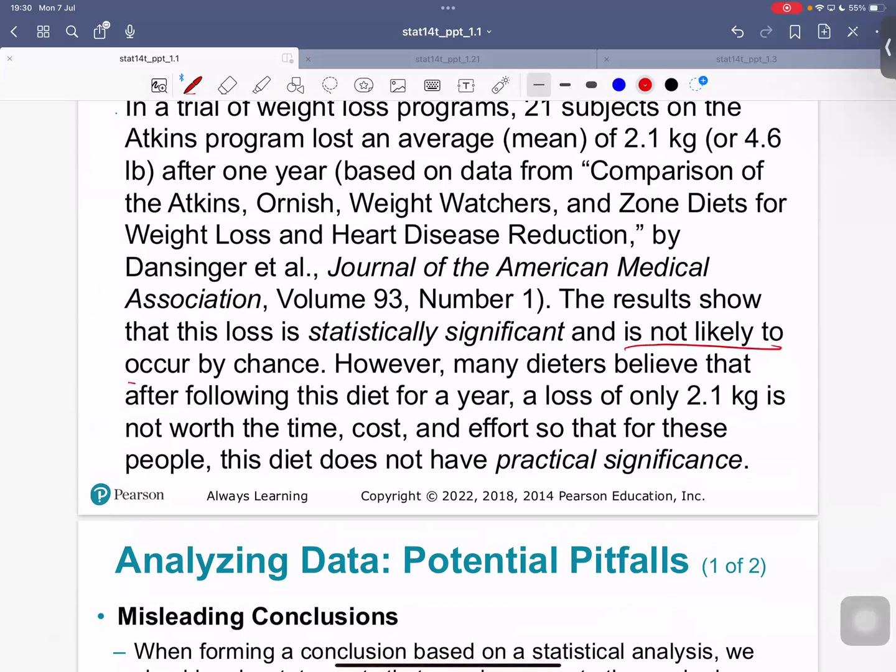It's not likely to occur by chance because that is the result from this tunnel. When they say it is not likely to occur by chance, that means the probability of the event occurring by chance is 0%, which is less than 5%.